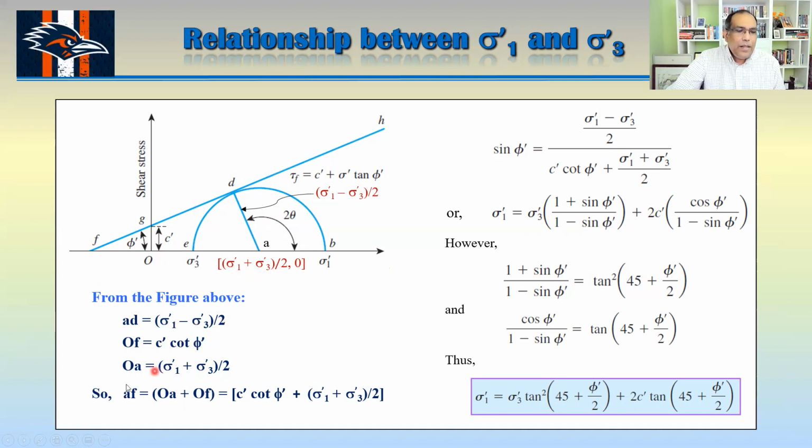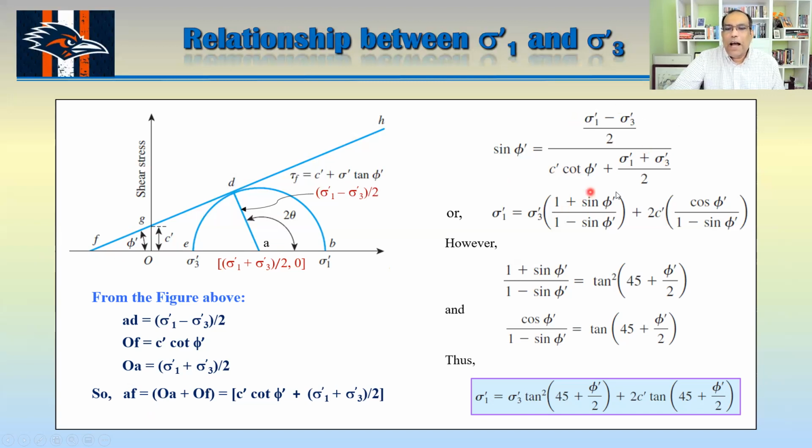Now AF, from here to here, is basically OA plus OF. So if we add this one plus this one, that's your AF. Now, if you take the sine of phi, of that angle, because this is 90 degrees here, that's equal to this divided by this. Now this one is the radius, and AF we already found out.